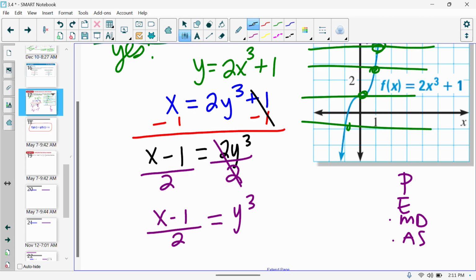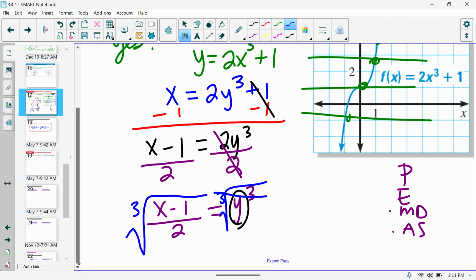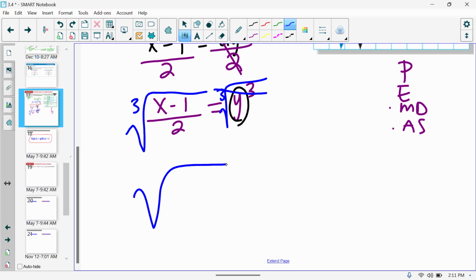And then lastly, to get y alone, we have to do the opposite of the third power, which we learned in this chapter means the third root, or the cube root. So make sure you draw it going all the way over this whole thing. The answer looks like the cube root of this fraction.